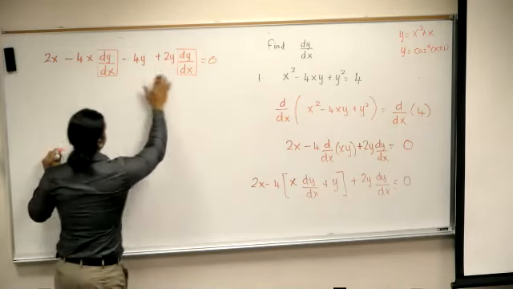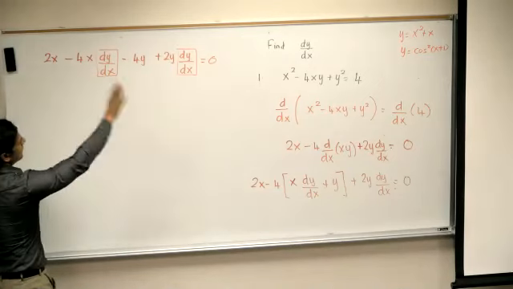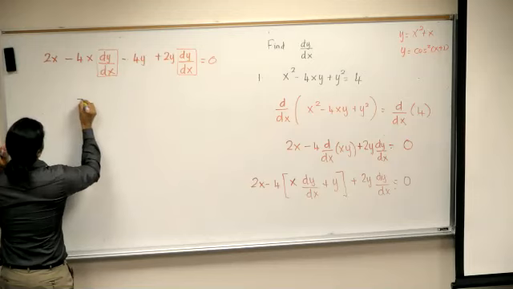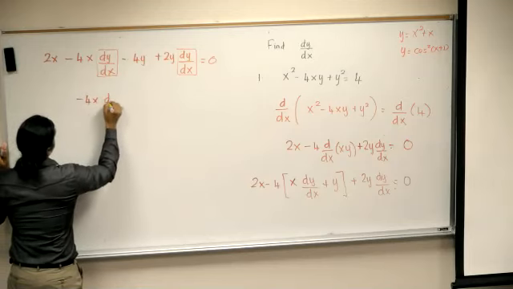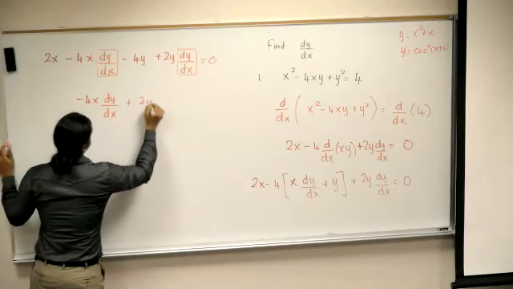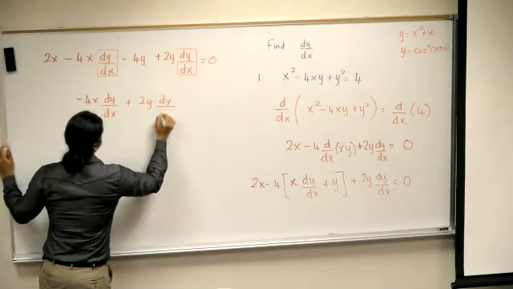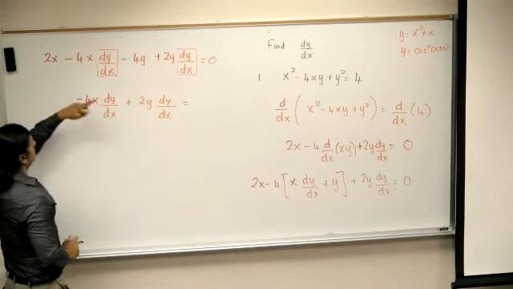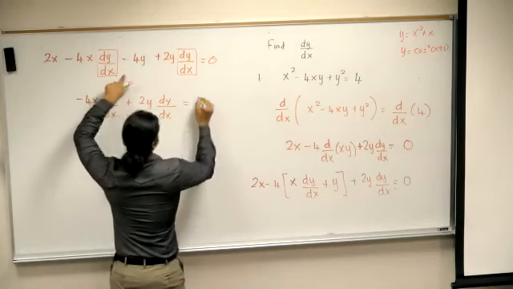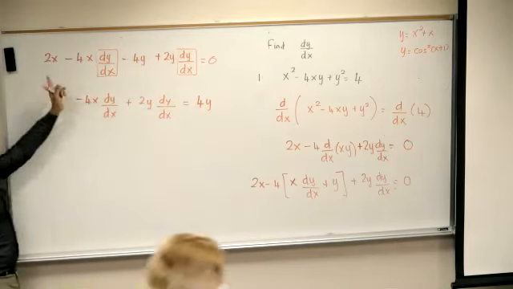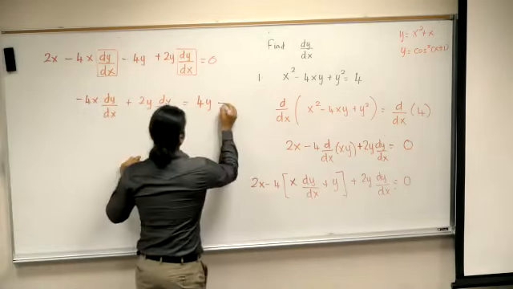So I'm going to keep that on this side and move everything else to the other side. So negative 4x dy over dx plus 2y dy over dx equals, move negative 4y to the other side, positive 4y. Positive 2x to the other side, negative 2x.